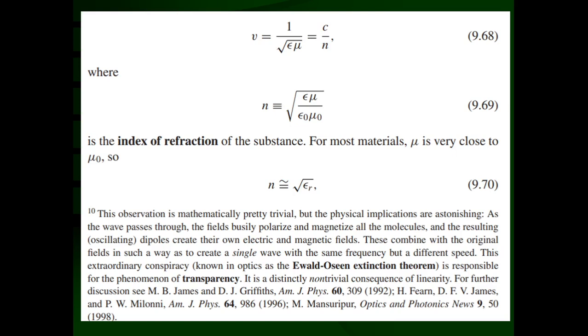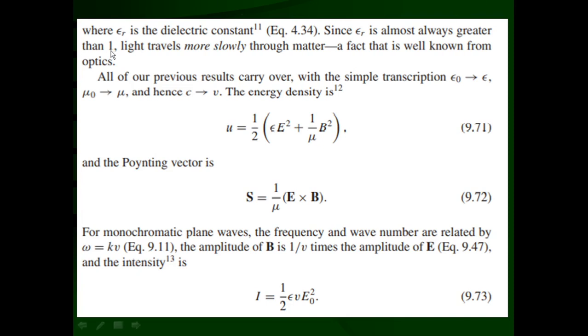So omega doesn't change, but the velocity of the electromagnetic waves is different, and this phenomenon is known as the Ewald-Oseen extinction theorem, which is responsible for the transparency of the medium. It is a distinctly nontrivial consequence of linearity. So this is a very important conclusion of this paragraph.